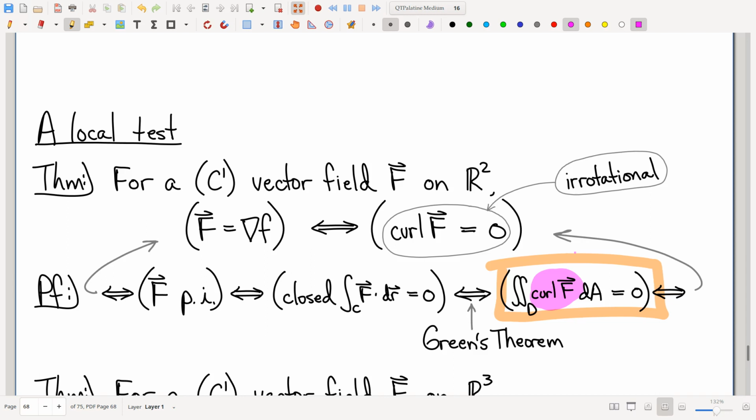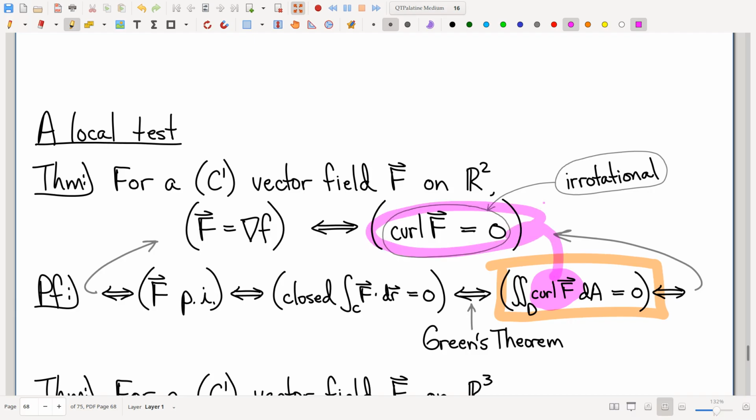No matter what domain you give me, the double integral is 0. Now let's just take a quick pause and think, how many continuous functions do you know where all of the integrals are equal to 0? And the answer is there is only one such function, and that is the 0 function.